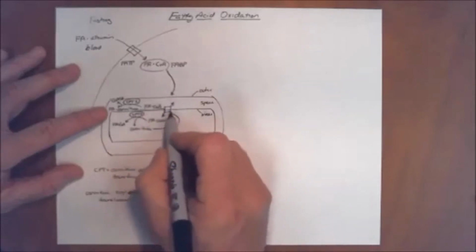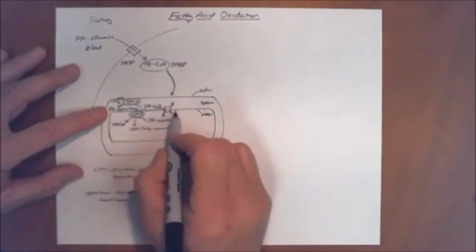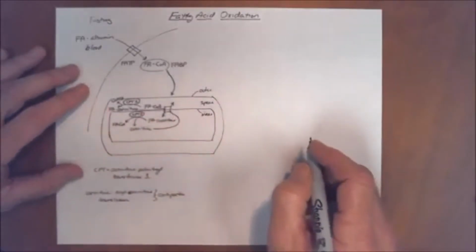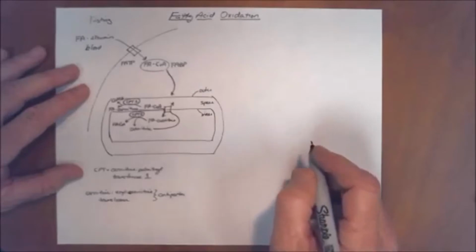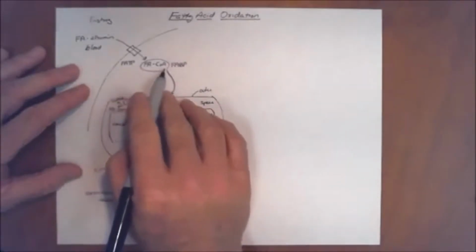Now, in order to prevent a carnitine deficiency in the cytoplasm, we have to export the carnitine back out to continue rounds of fatty acid uptake into the matrix of the mitochondria. So the translocase transporter is a 1-to-1 antiporter.